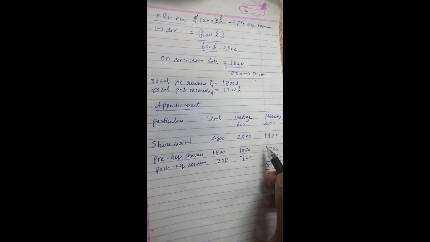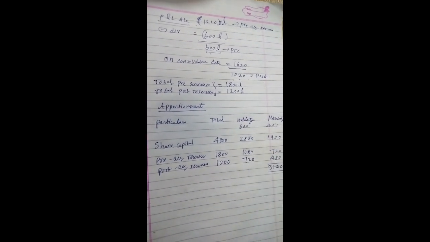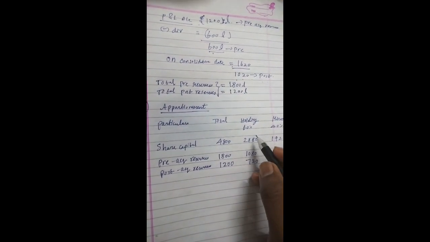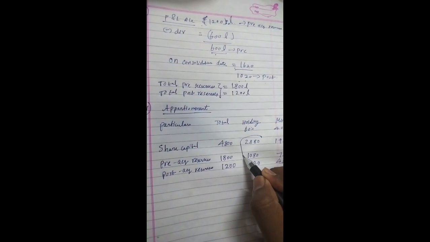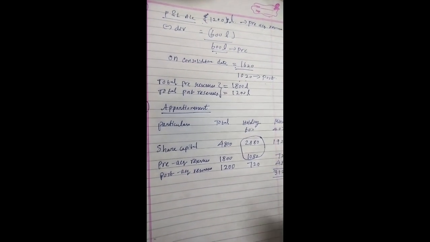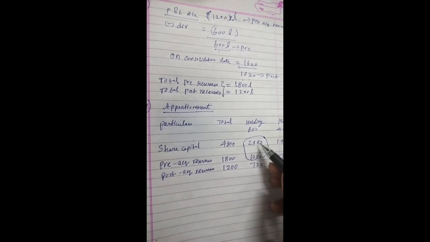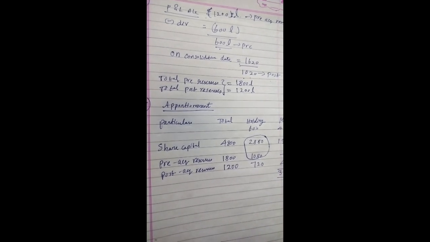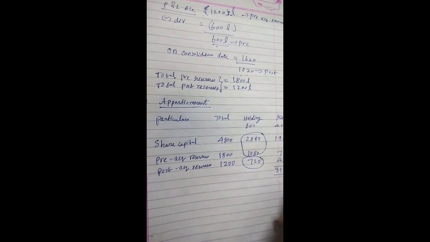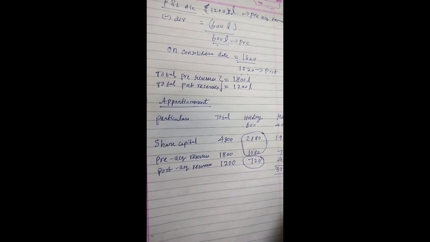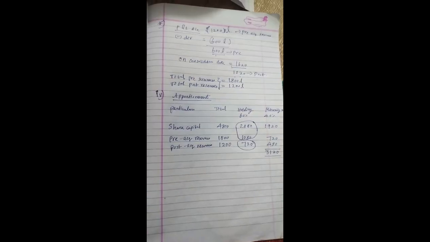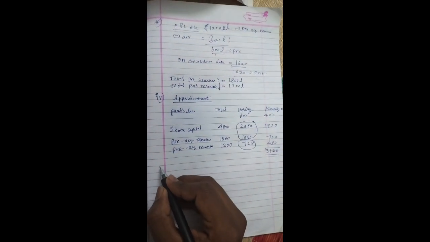Holding share of both should be added for net asset, and we need to reduce cost of investment. These 720 alone will go to reserves and surplus of consolidation, for balance sheet.